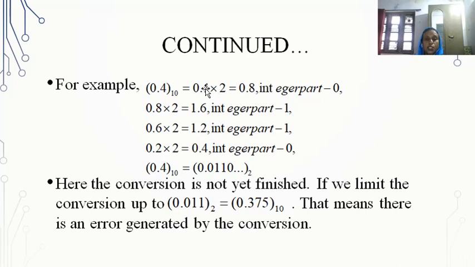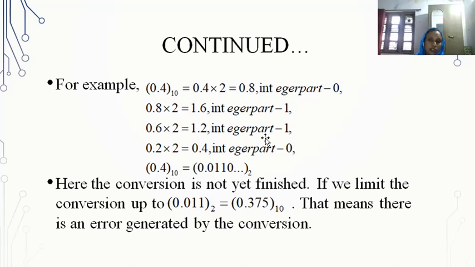So 0.4 times 2 equals 0.8, and its integer part is 0. Then again multiplying the fraction 0.8 by 2 gives 1.6. The integer part is 1 and the fraction is 0.6. Again multiplying by 2 you get 1.2. The integer part is 1 and the fraction 0.2. 0.2 times 2 equals 0.4. Again 0 comes and this process continues.